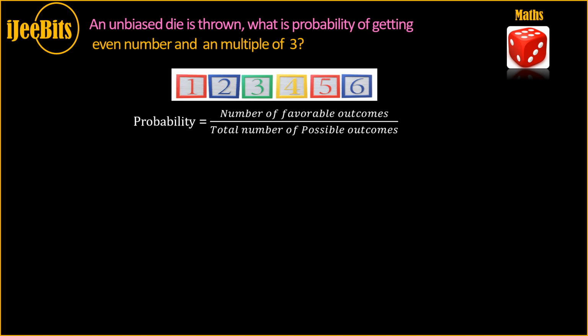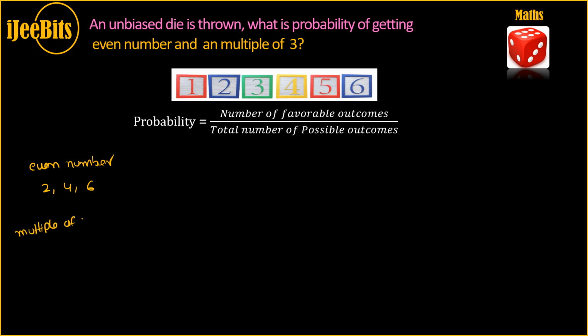So this is one special case for our understanding. What is the probability of getting an even number and a multiple of 3? We know the even numbers from the given sample set. What are the even numbers? 2, 4 and 6. But what are the multiples of 3 in this even number set?